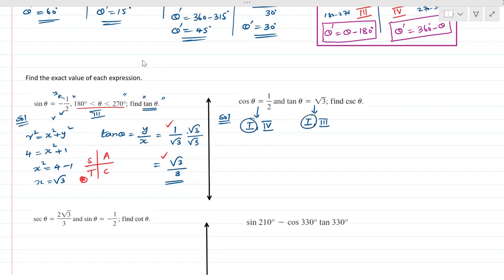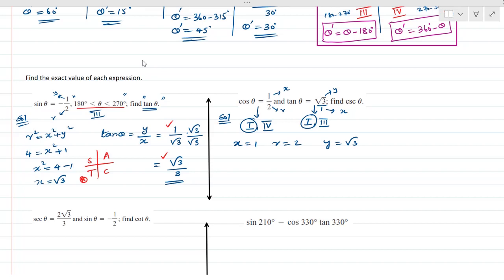Now I take any one of the terms and take the value. Here you will have x over r, and here you will have y over r, y over x. So I got all the values from the given equation. X value is equal to 1, R value is 2, Y value is root 3.